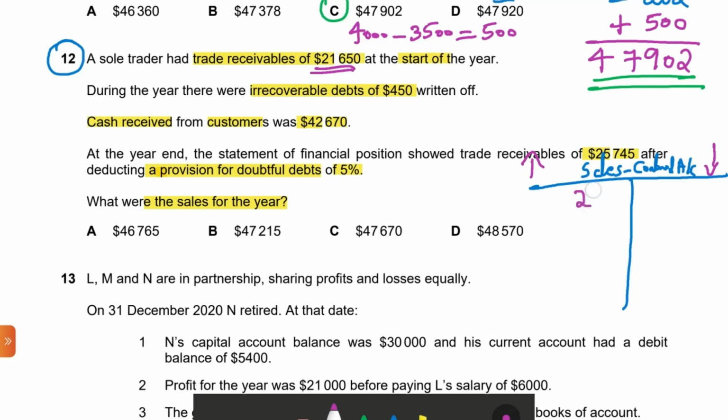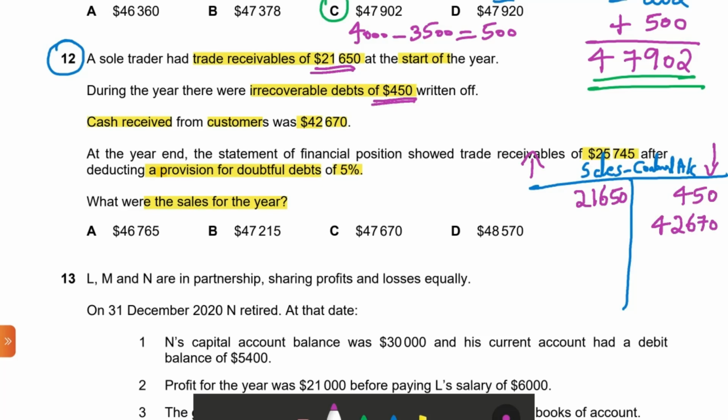21,650 on the debit side. Then bad debt. Bad debt is decreasing the debtors, so it's on the credit side, 450. Then cash received from customers. When the customer pays the money, that is decreasing the total debtors amount, 42,670.